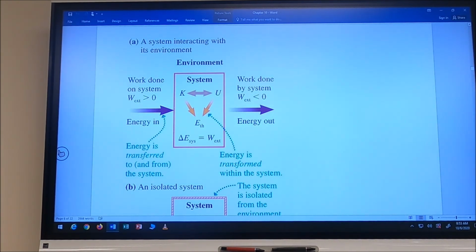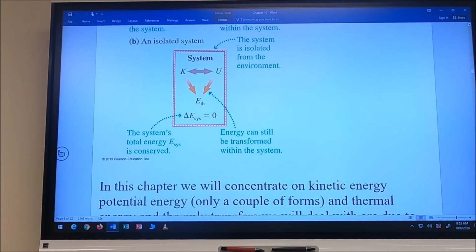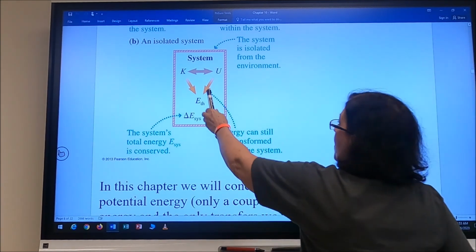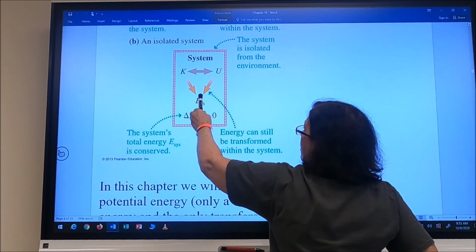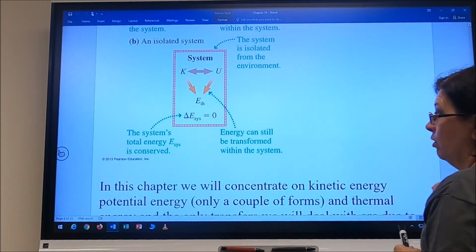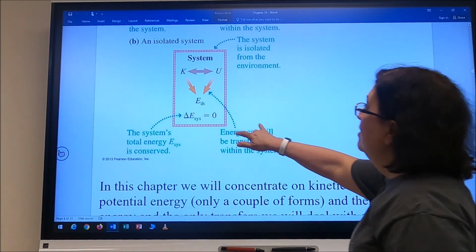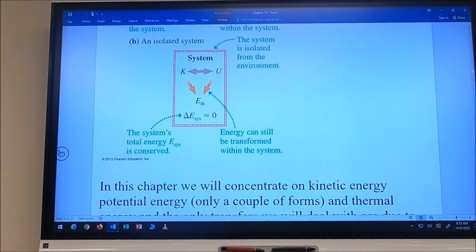Now, if we have an isolated system, one that's not interacting with the environment, there's no work being done by the system or on the system, and all we see are transformations inside the system. So, simplifying it down as much as possible, kinetic could go to potential, potential could go to kinetic inside the system, kinetic energy could go to thermal inside the system, potential energy could go to thermal inside the system. Notice that these are one-way arrows. Okay? That's important.